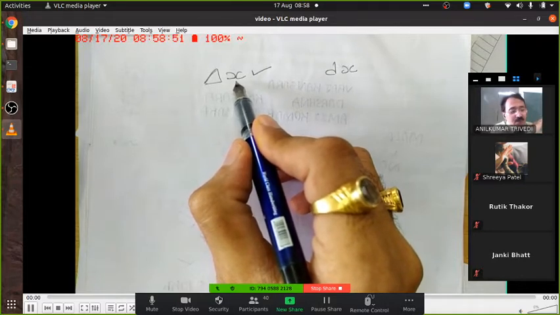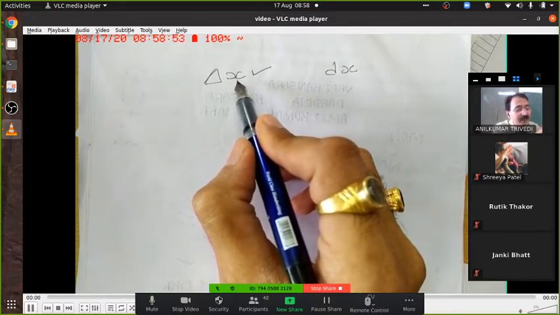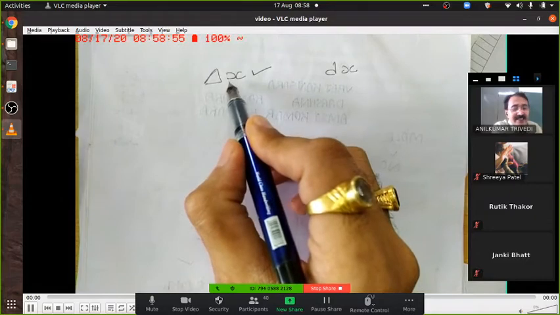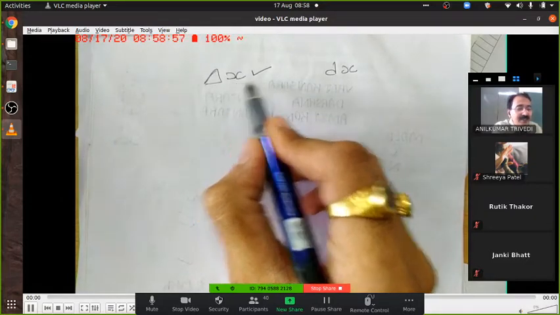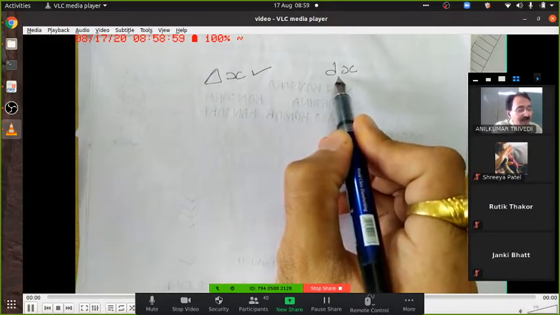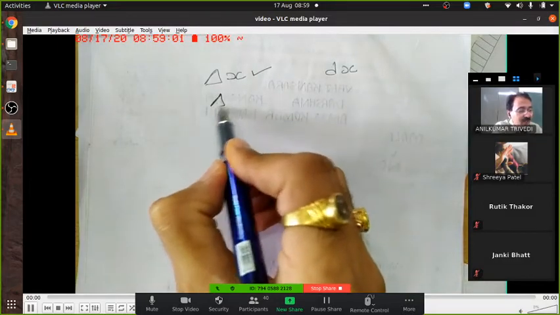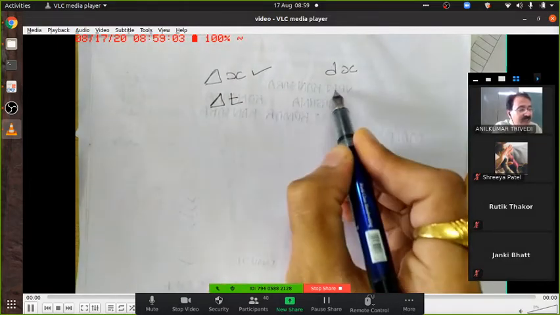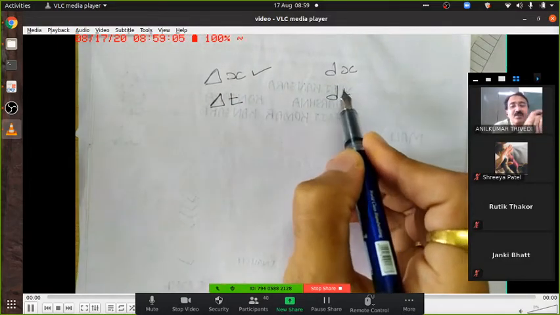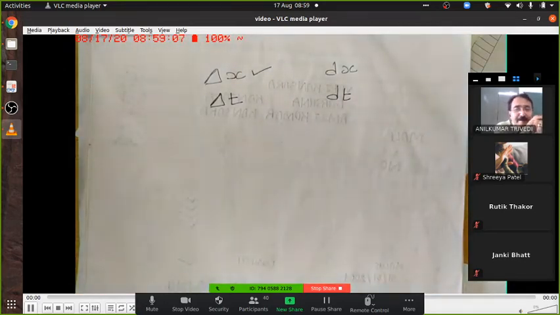So what you spoke was entirely correct, except this is large distance and this is small distance. Now if I ask what is delta t and dt, what is the difference? Delta t is a large interval and dt is a small interval of time.